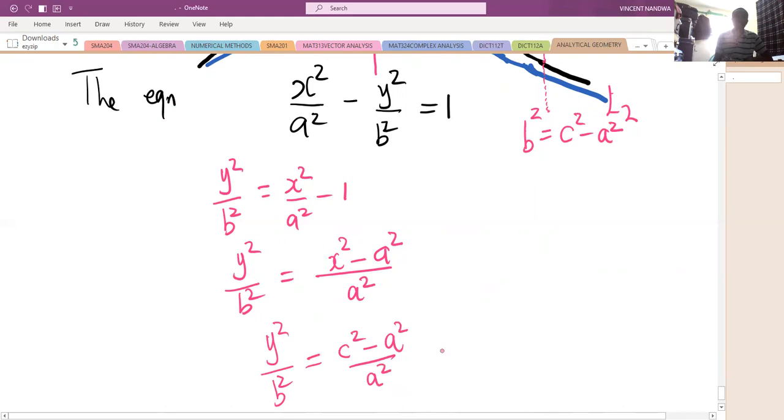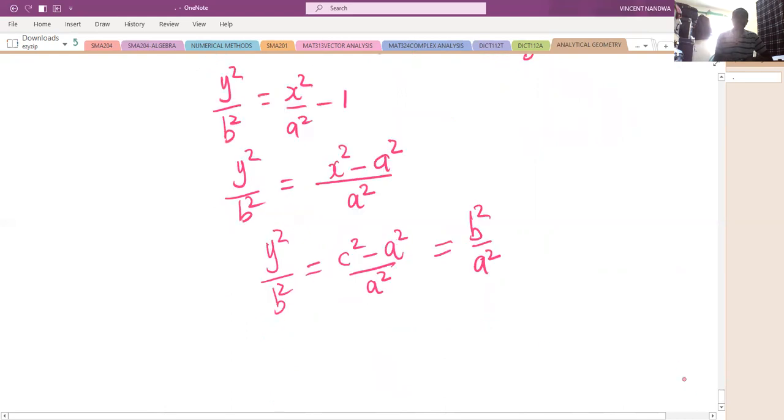But c squared minus a squared is b squared, so this is the same as b squared over a squared. So y squared is b to the power 4 over a squared.